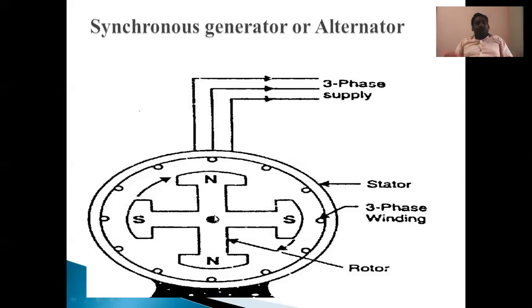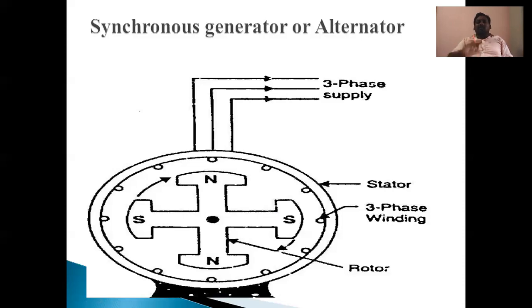Actually the flux is stationary flux. It is good, right? But the field system, the field poles, are not stationary. It is rotating in a clockwise direction like this, see here in this figure. That means the total field system is rotating. That's why the developed direct flux or steady flux is also revolving in a particular direction.